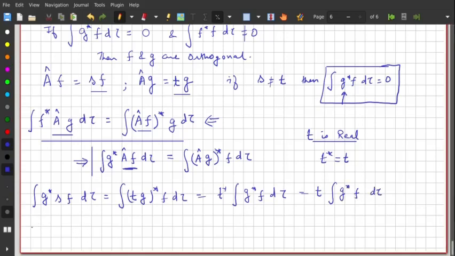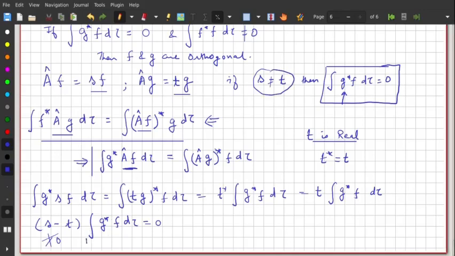So therefore what we have is (s minus t) times the integral of g star f d tau equals 0. Since we already said that s is not equal to t, this factor is not equal to 0, so the only way this can be 0 is if the integral is 0. Therefore the integral of g star f d tau is 0, and hence we prove that f and g are orthogonal.